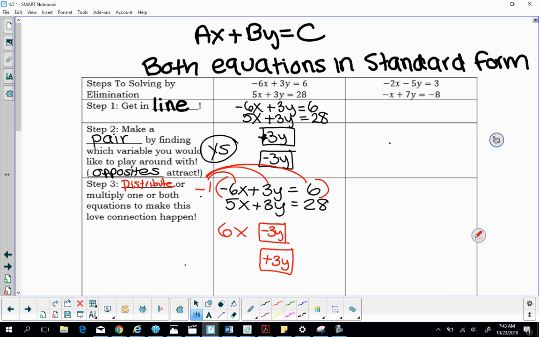Positive 6x minus 3y. And what's that going to be now? Negative 6. So negative 1 just changes the sign of each one. Do you need to do anything to the second one to get it to be positive 3y? No, so I'm just going to rewrite it.